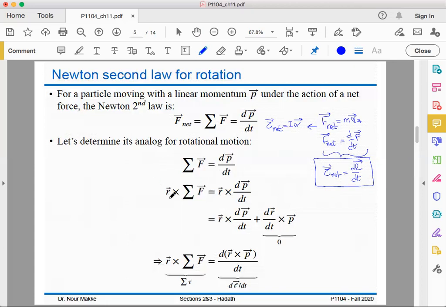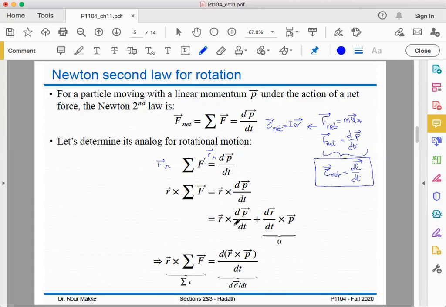Now إذا بنجي هلا بنضرب هذا الإيكويشن من الشمال from the left hand side, if you just multiply it by r and then we make the vector product between r and the quantities in this equation, يطلع معنا انه r cross sum of F is equal to r cross the derivative of p with respect to time. كل شيء عملناه انه هون جينا حطينا r cross من الجهتين. Okay, so we end up with this equation.